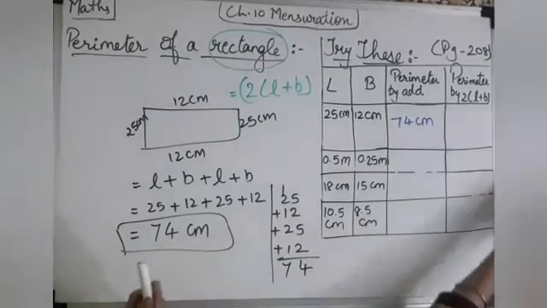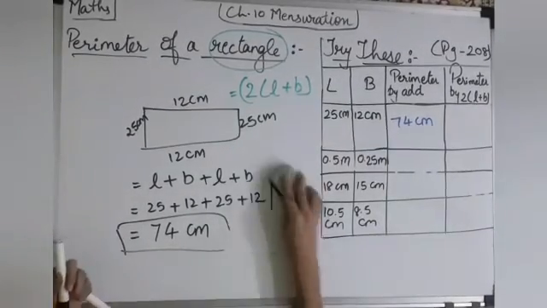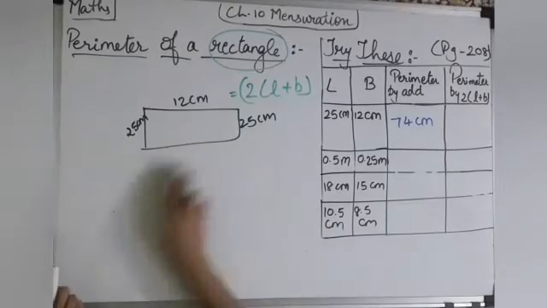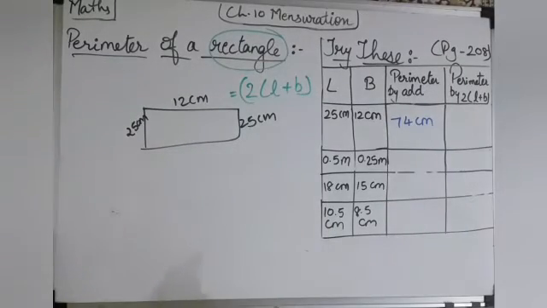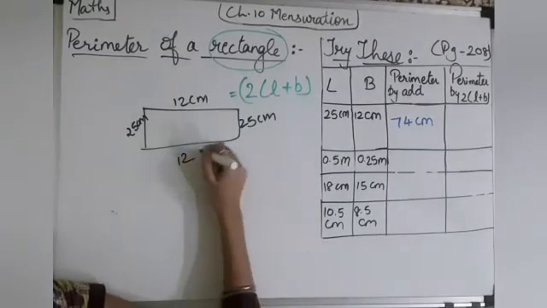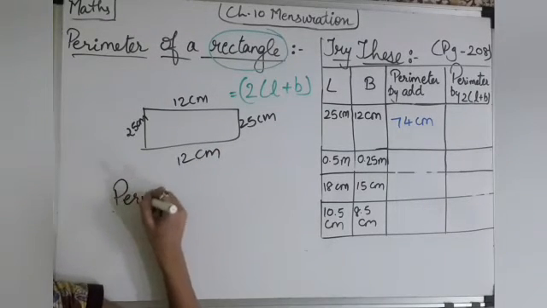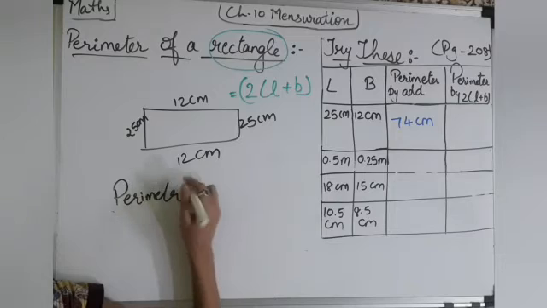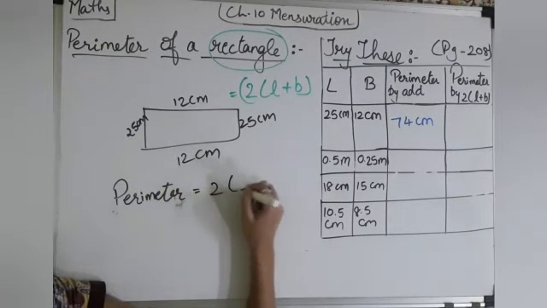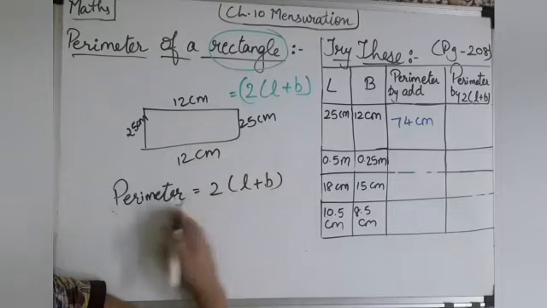Now we will implement the formula and then we will find. Okay. So our formula is perimeter is equal to 2 times (L plus B).